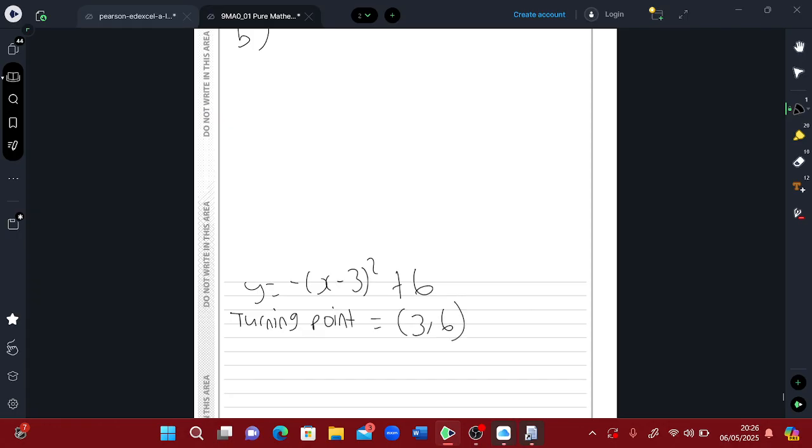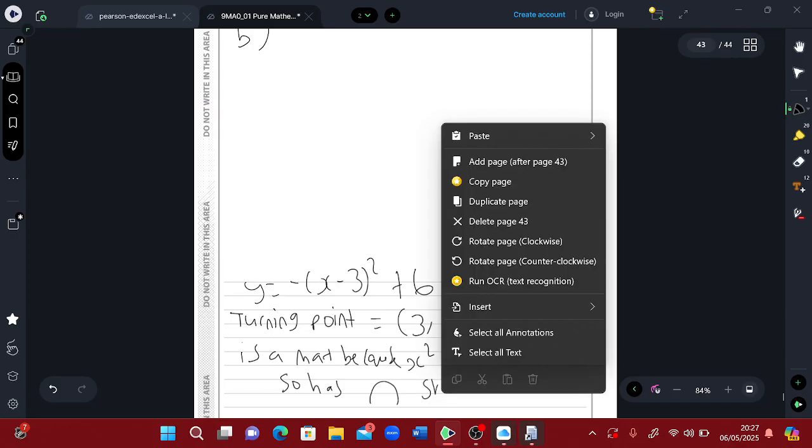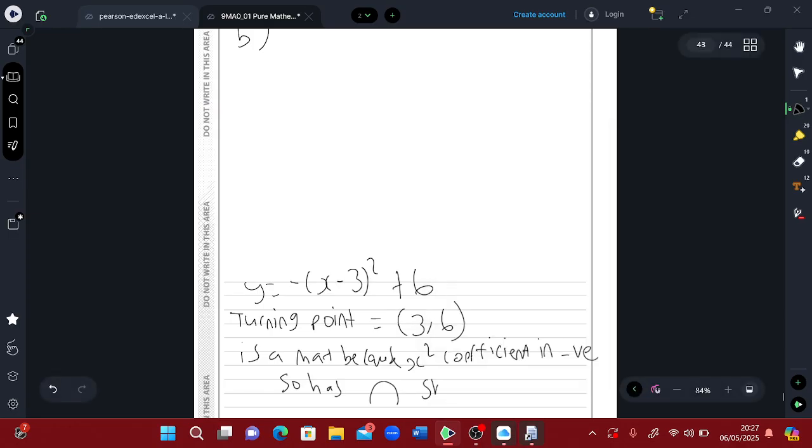This is going to be a maximum as well, because the x squared coefficient is negative. If you expand this, you get x squared and then minus it. So the coefficient is negative, so it has a frowny shape, and that'll be the turning point there.